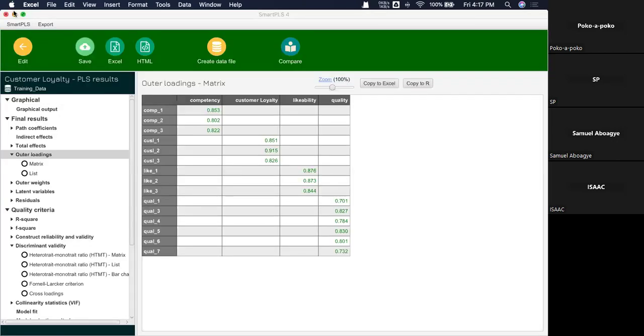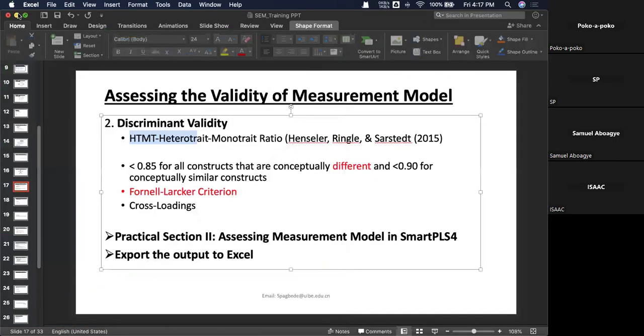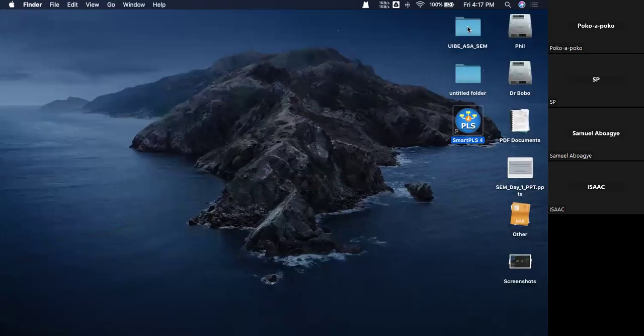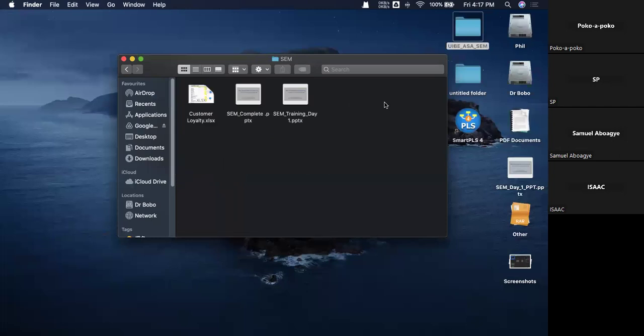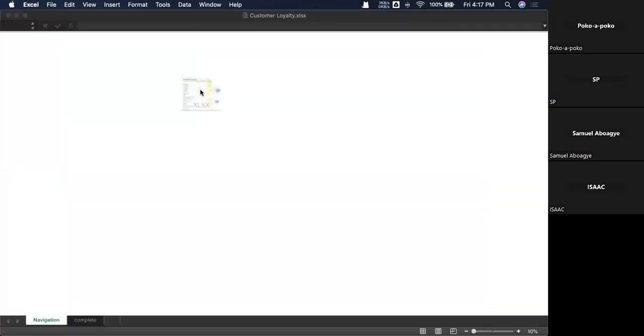Okay, come on, let me go to where it is saved. I think it's saved in a SEM folder. Which one of the SEM folders? Is it here? Yeah. So wherever you've saved it on your computer, it will look like this.